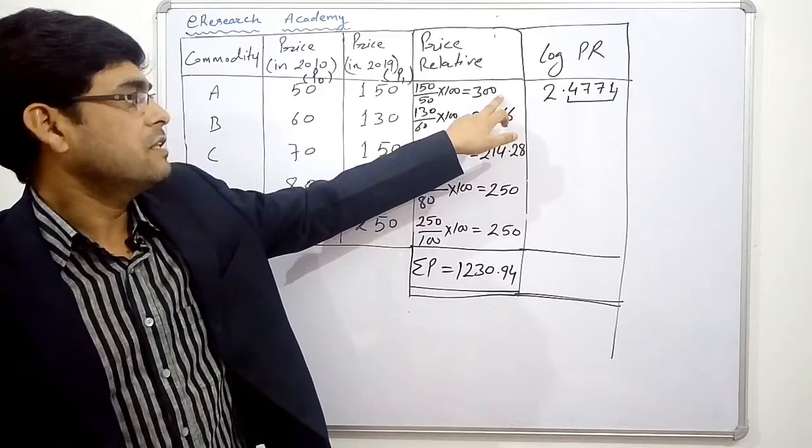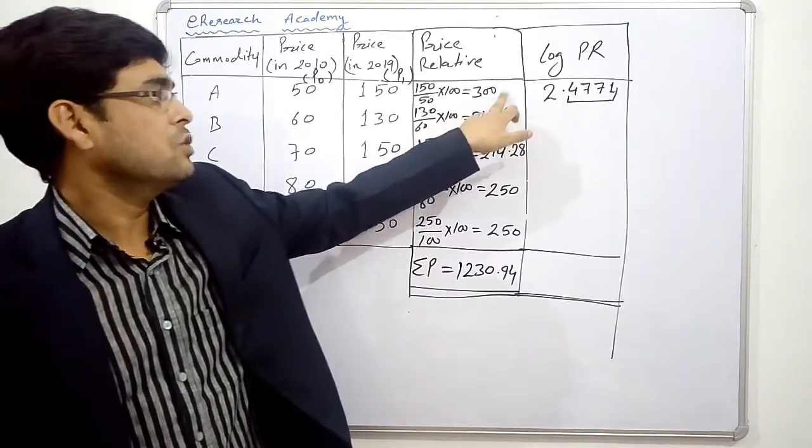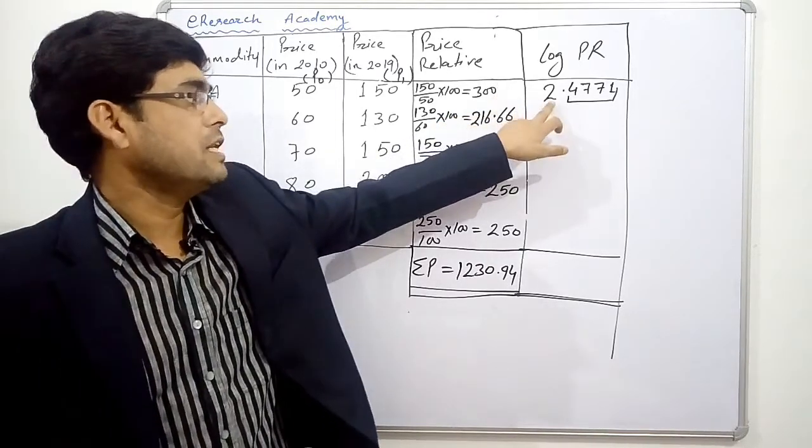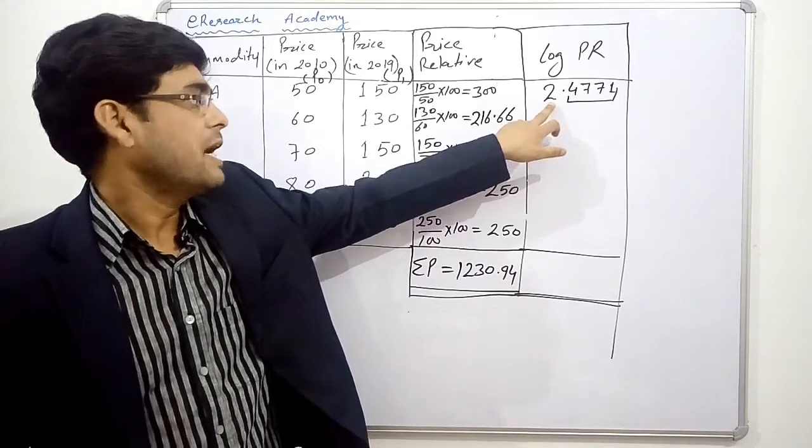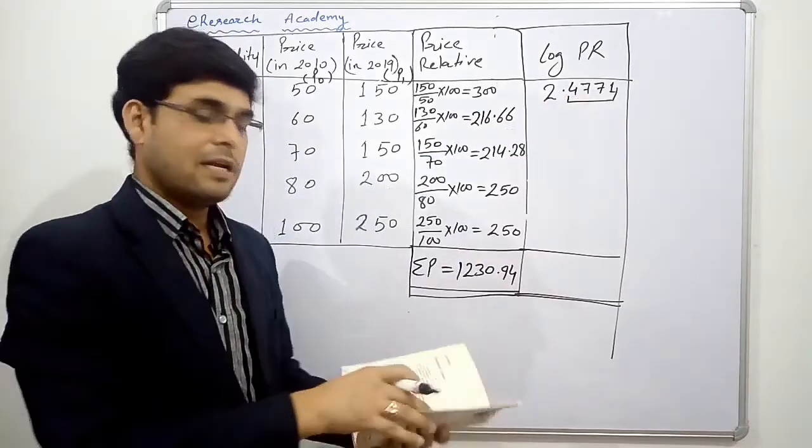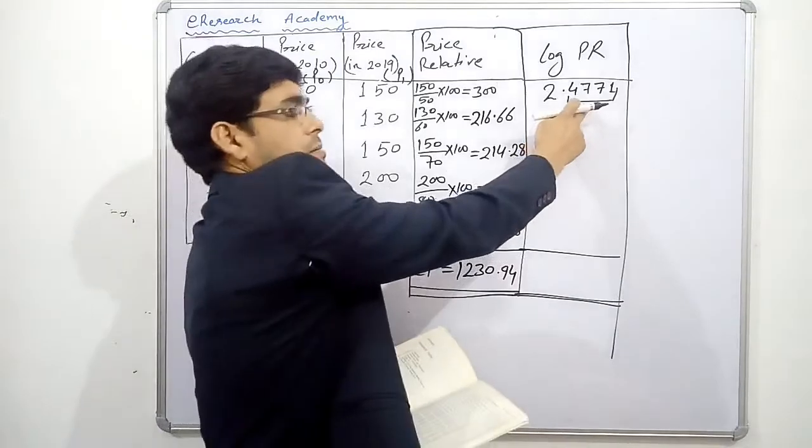If the value is in 3 digits, we will have 2 as the characteristic, and the rest we find from the log table is the mantissa.